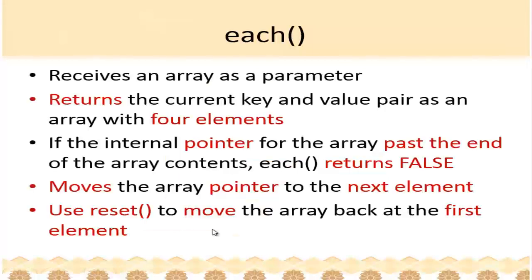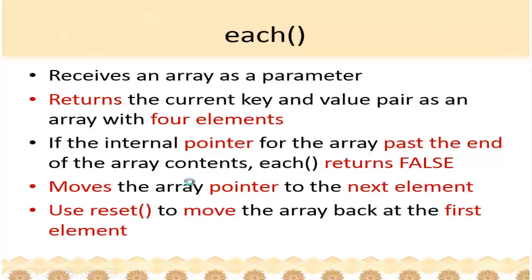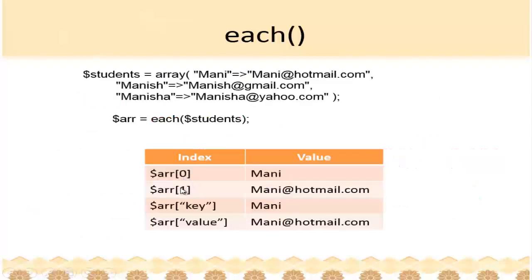So when I called this method here, it was returning 4 elements, out of which I am taking only 2 elements. So this will return the first 2 elements, which will be the key and the value pair. Again, if you go for the third and fourth element that is returned, it will be a repetition of the same thing.